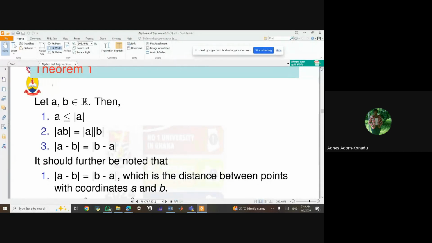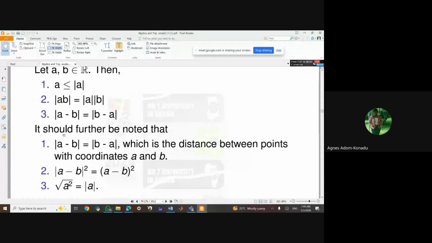A is less than or equal to the absolute value of A. When we take the positive it will be the same, but when we take the negative it will be less than. The absolute value of the product of two numbers A and B is the same as the absolute value of A times the absolute value of B. Also, the absolute value of A minus B is the same as the absolute value of B minus A.